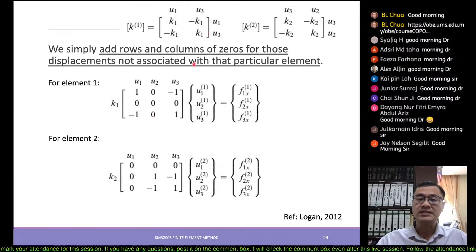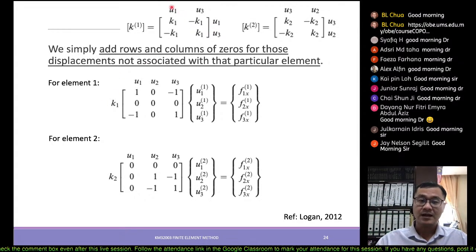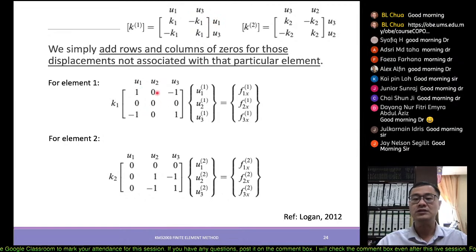So, a bigger picture now. Based on this, we just total or add them up. For element number 1, if we expand this to cater for U2 and U2, we just add U2 and U2 here, so everything is 0, 0, 0. Whereas here we have U3 and U2, but we don't have U1.